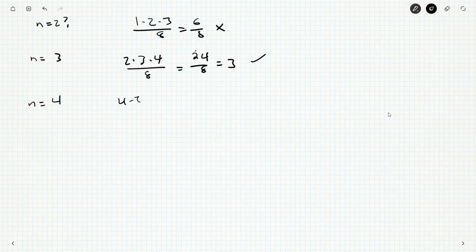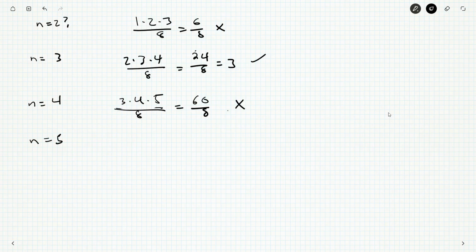We'll have 3 times 4 times 5, all over 8, and that's going to be 60 over 8. These numbers are getting much bigger, and that's not going to work. 60 has a factor of 4, but not a factor of 8.